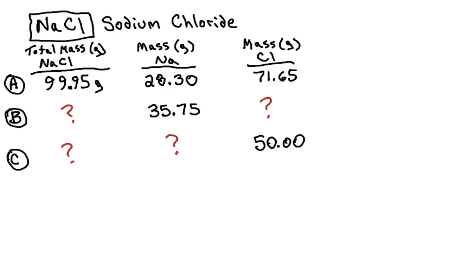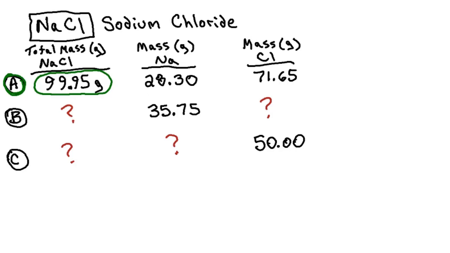So now let's try solving these problems using this table like you might see in your homework. So as you can see, sample A is already filled out for us. The total mass of sodium chloride, NaCl, in sample A is 99.95 grams.